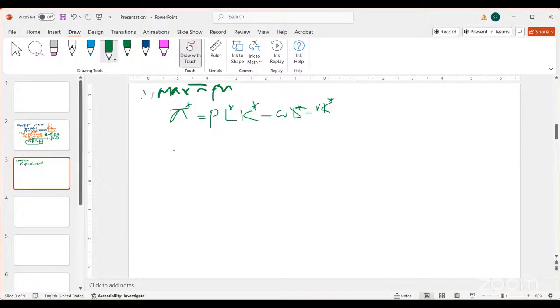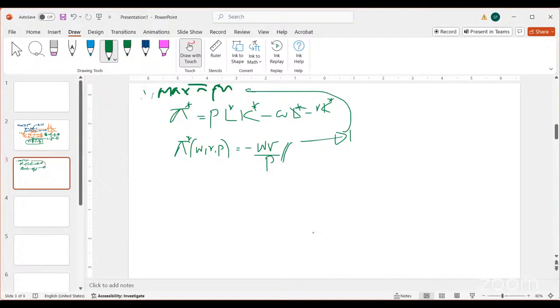Ultimately, what you get is the maximum value profit function of W, R, and P, which is equal to minus W R divided by P.